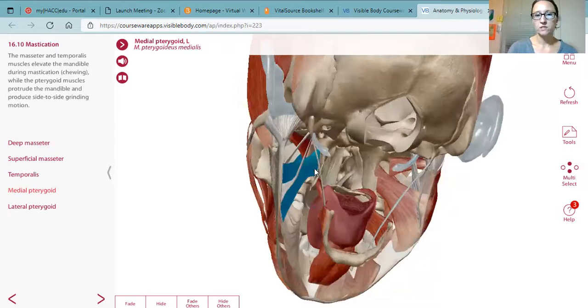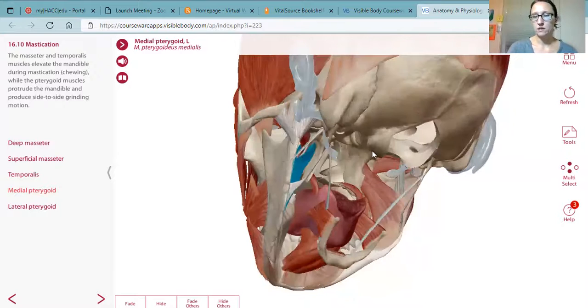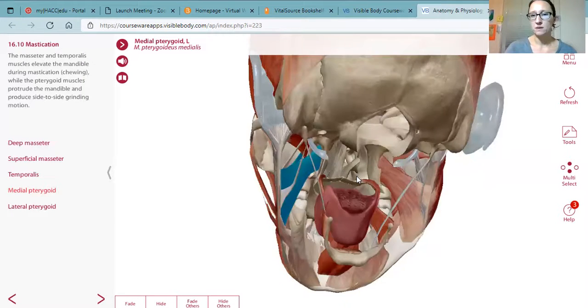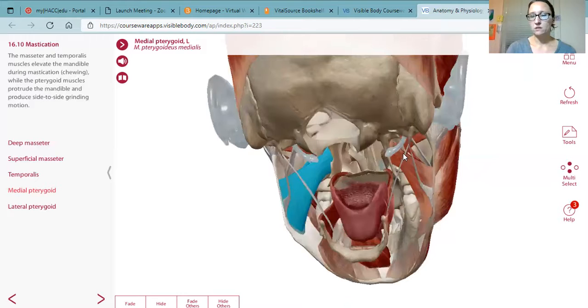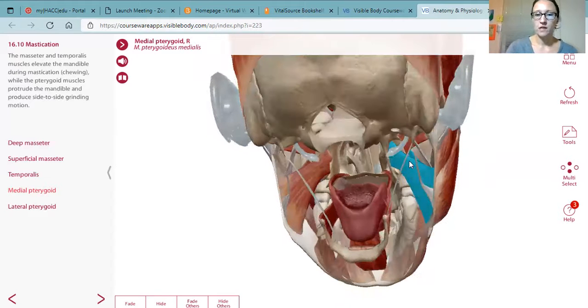And these are the pterygoid plates that I showed you on the skull. Maybe you can see them a little bit better this way. These are the pterygoid plates. So this is the medial pterygoid plate, and then you can see that the medial pterygoid actually inserts onto the lateral pterygoid plate or attaches.